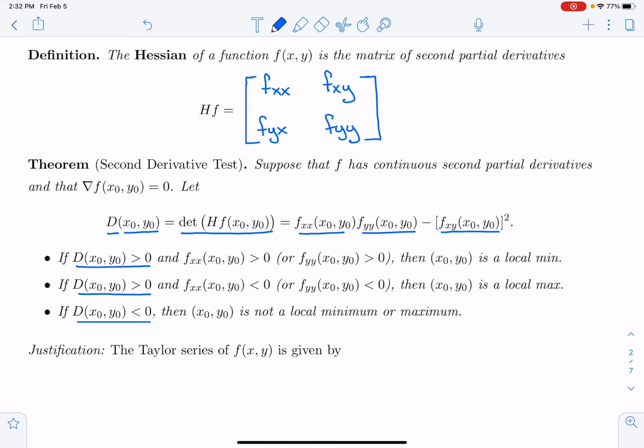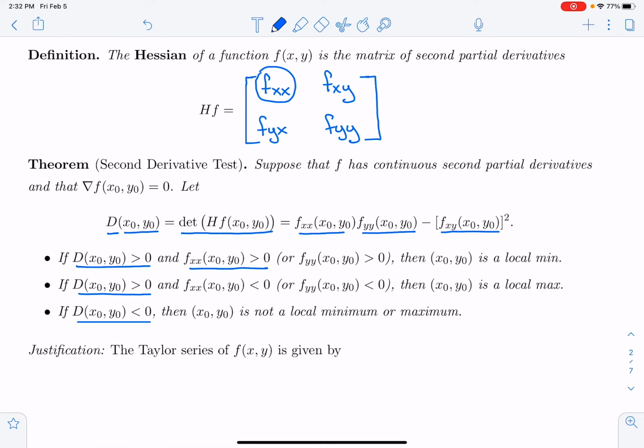Now, if it's positive and this upper corner here is also positive, we think about that as being a situation where the second derivative is positive, and we're going to get that concave up function. And you remember that when you have a concave up function and you have a critical point sitting at the bottom of that concave up function, that's going to be a minimum.